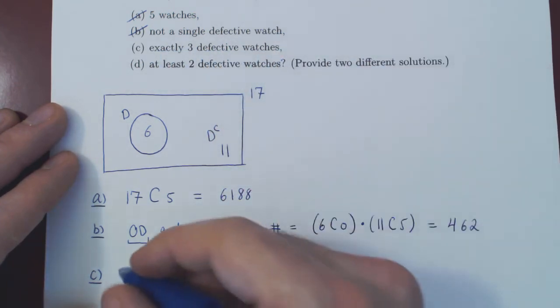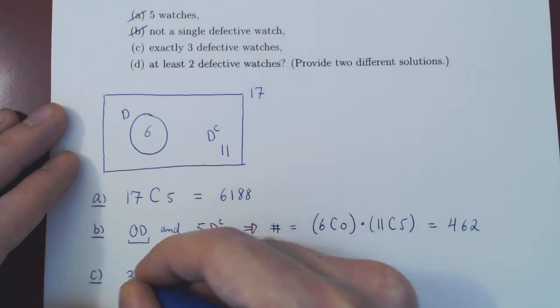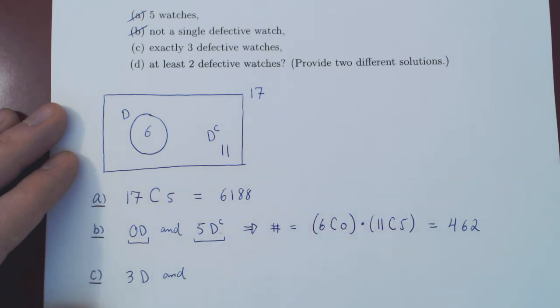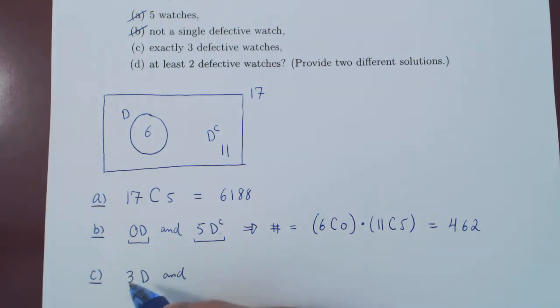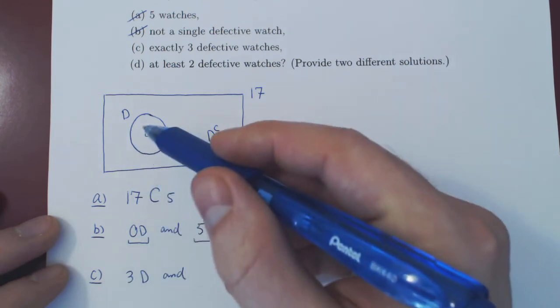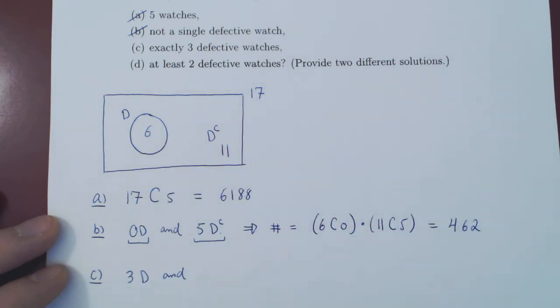Well, now we are saying we have to choose 3 defective watches, but we are choosing a total number of 5 watches. So you can't just say 3 defective watches, therefore 6 choose 3. Because if all you give me is 6 choose 3, you've only selected 3 watches. But we are always choosing in total 5 watches.